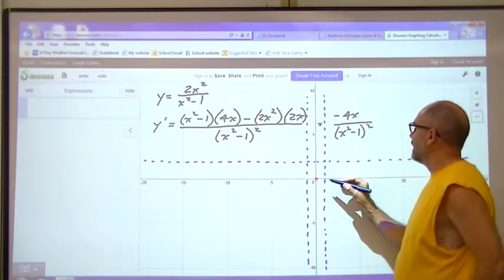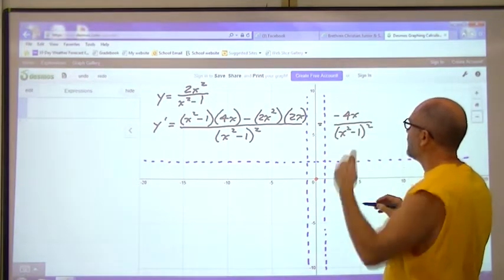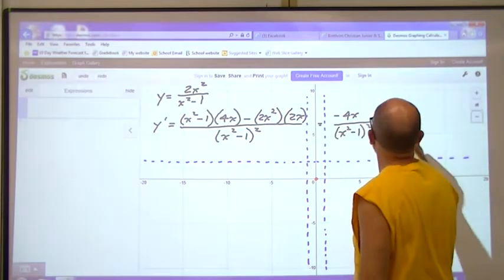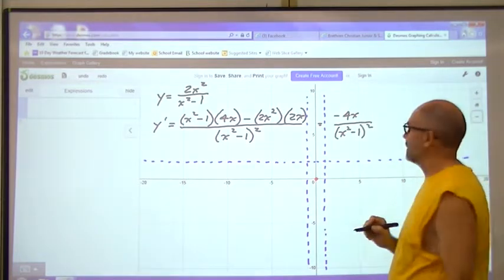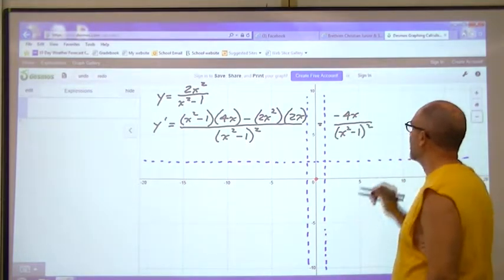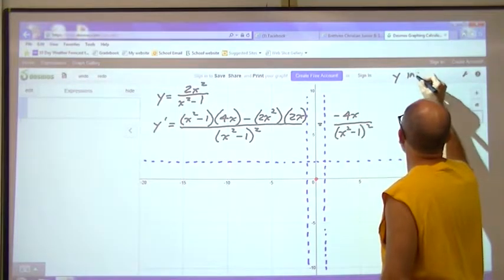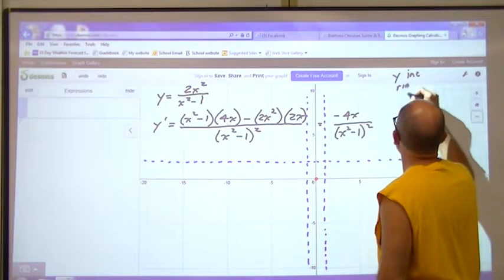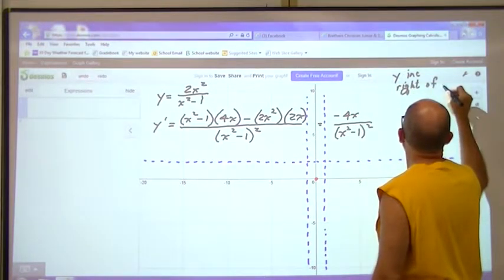So basically, if we just look where x is positive, that means this function is increasing everything to the right of the y-axis. Y is increasing, just write this down, y is increasing to the right of the y-axis.